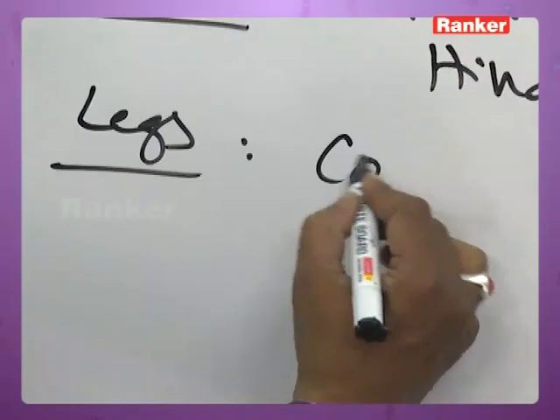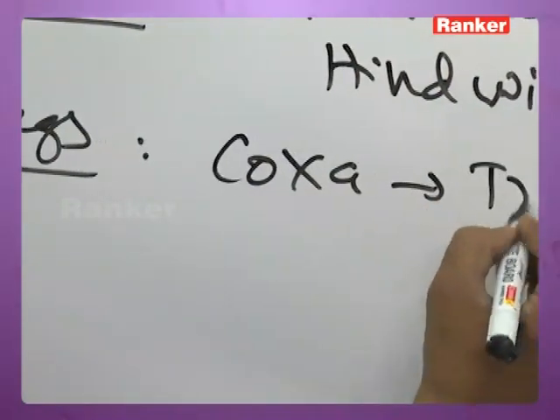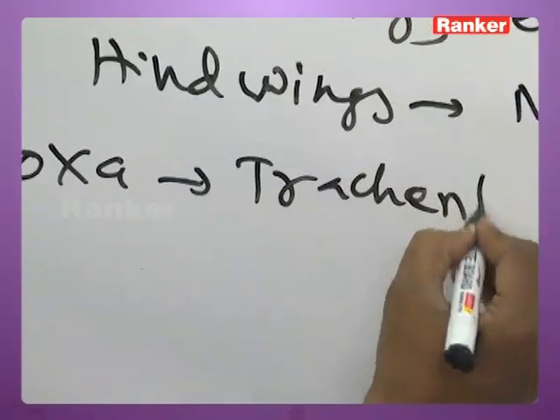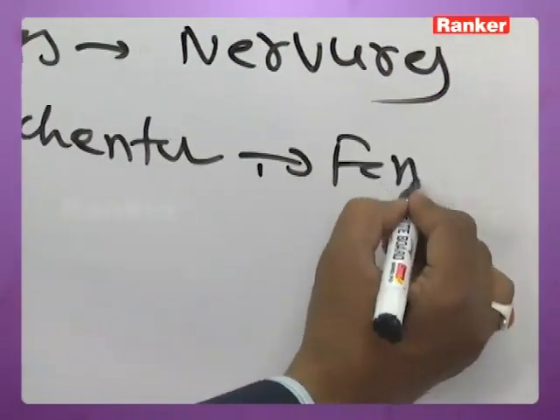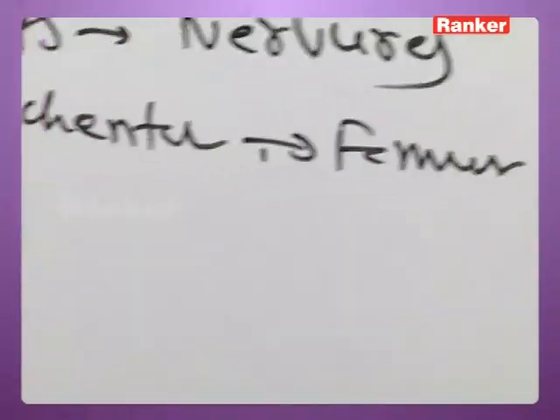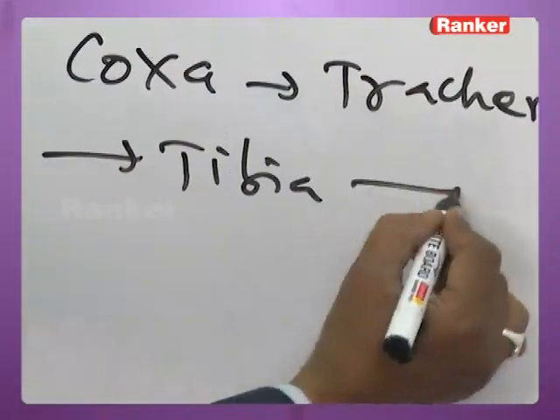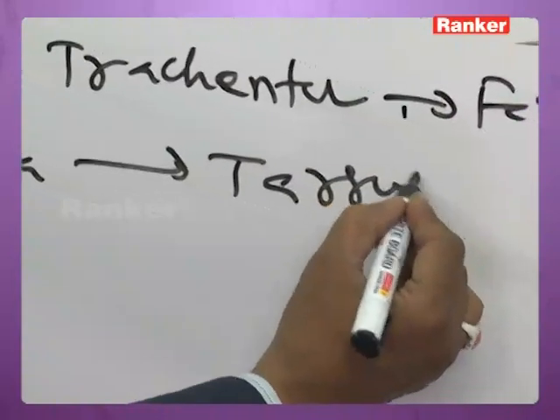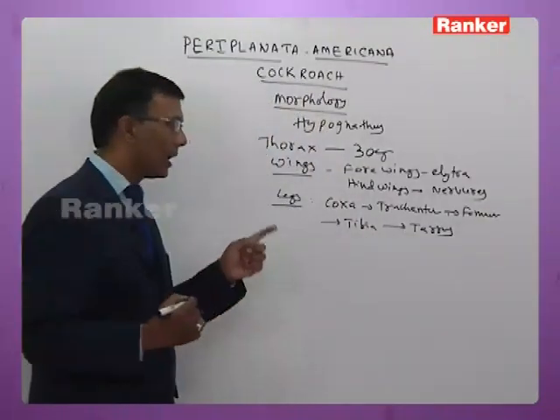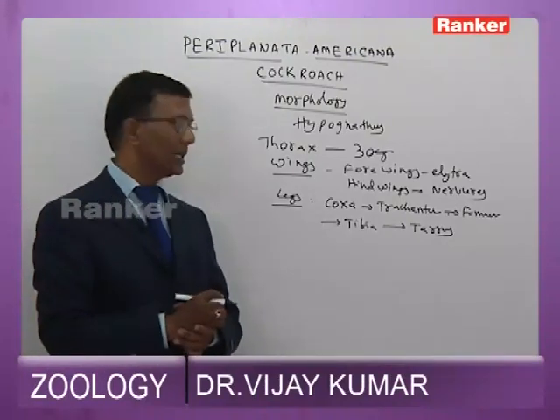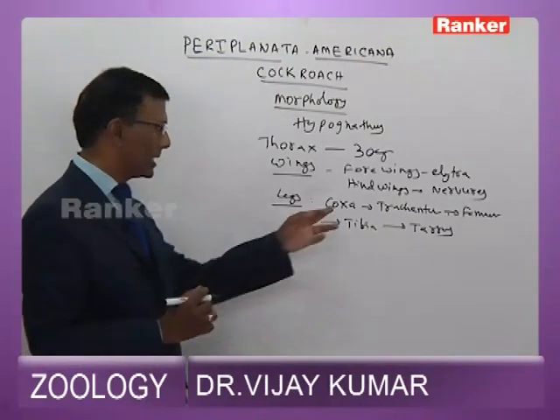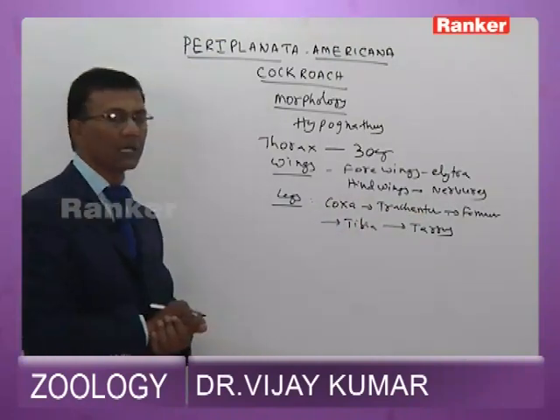Coxa, trochanter, femur, tibia and tarsus are the 5 podomeres of the leg of the cockroach.